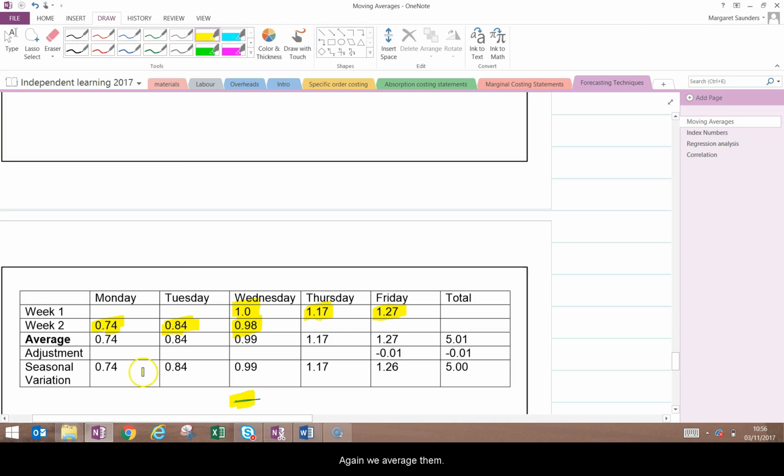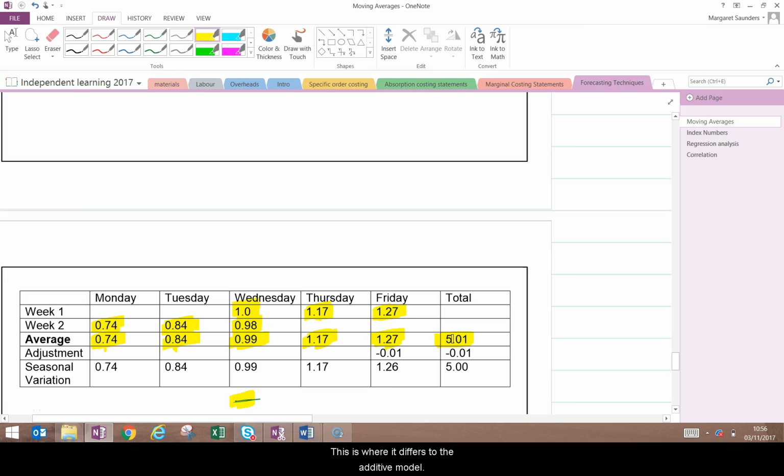Again, we average them. So because there is only 1 for Monday, that is the average. The same for Tuesday. Wednesday, add them together and divide by 2. Thursday and Friday. Now if we add them across and get a total, you'll see it comes to 5.01.